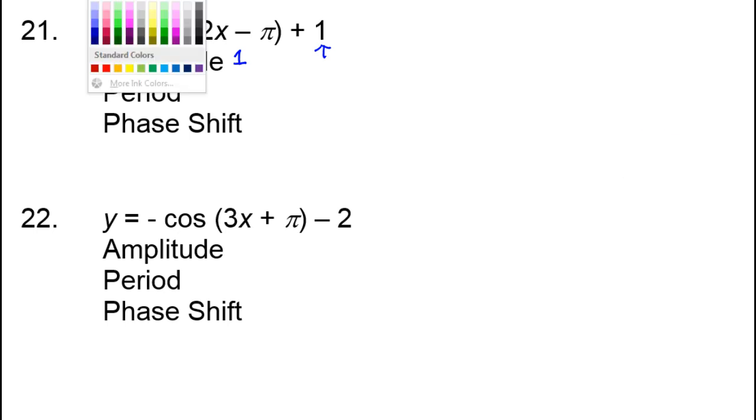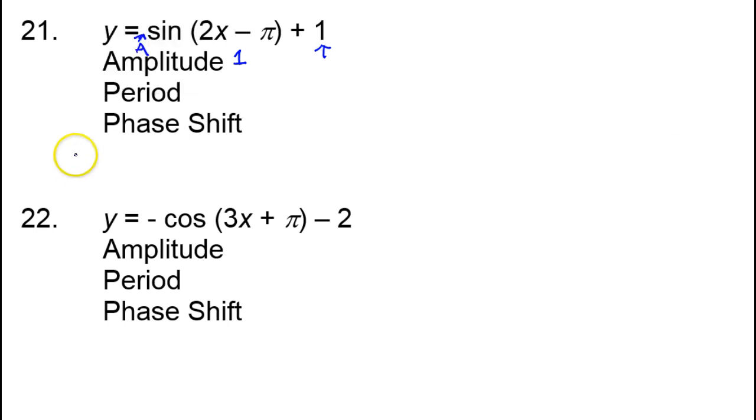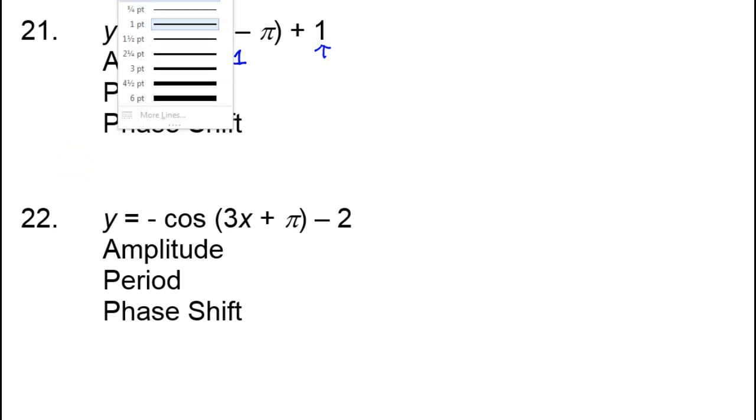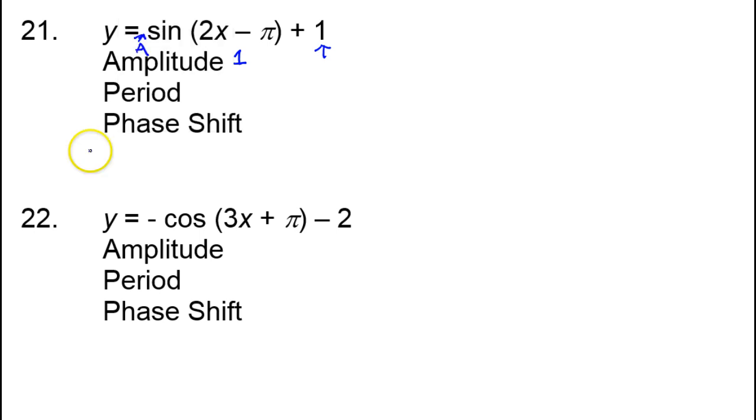Okay, so going back to this problem, I had to rewrite it. So this problem becomes y equals the sine of, now I'm factoring this 2 out, so I'm going to have that 2, and then I'm going to have x minus pi over 2, and then plus 1.